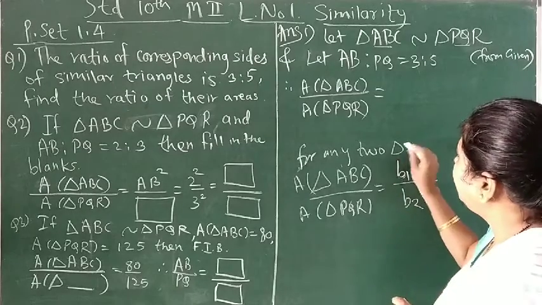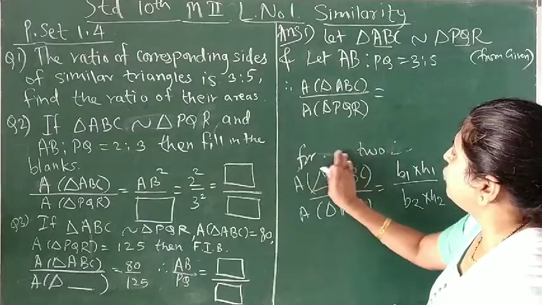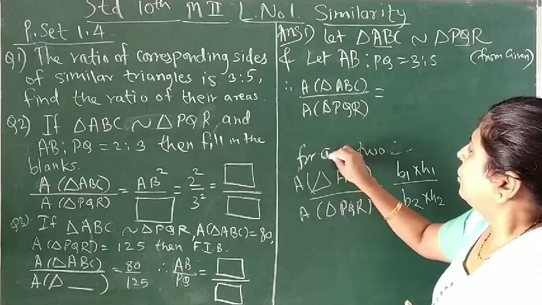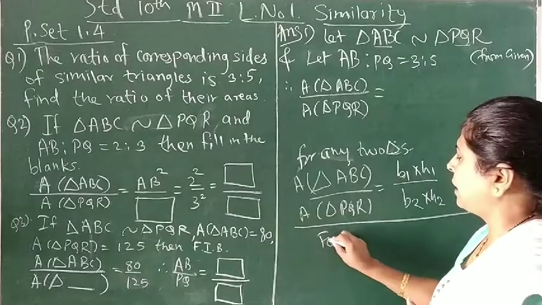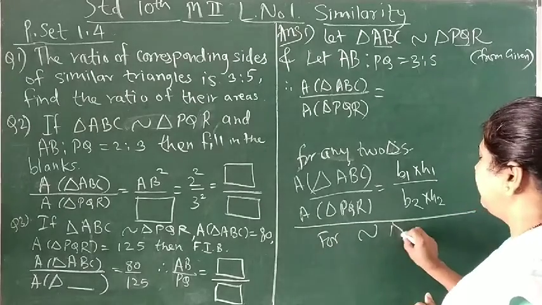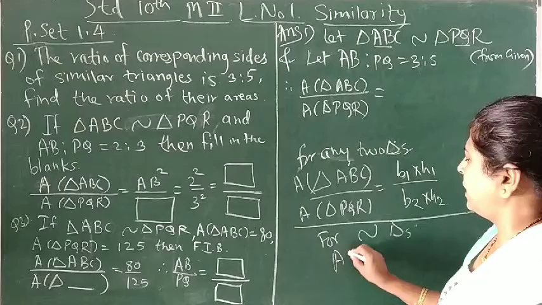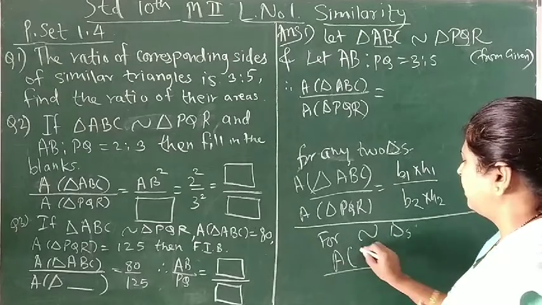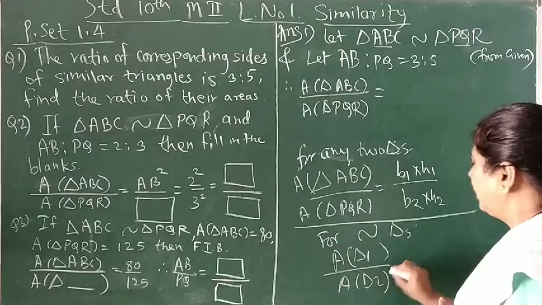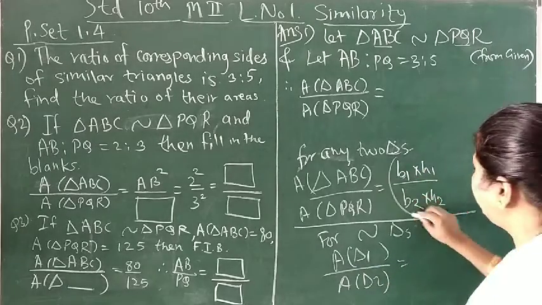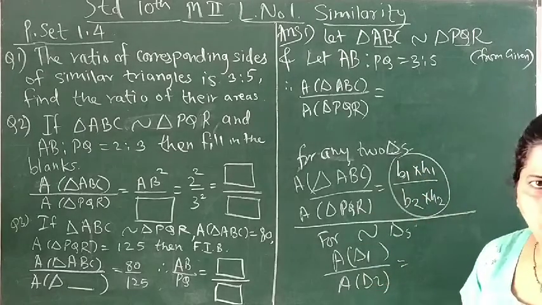But that is for any two triangles. When the two triangles are similar, the ratio of the area of the first triangle and the area of the second triangle is not B1 into H1 upon B2 into H2.